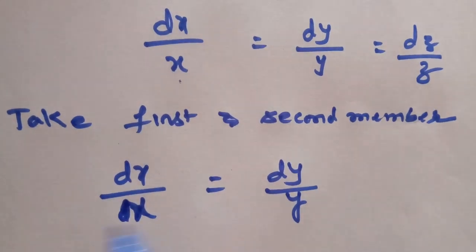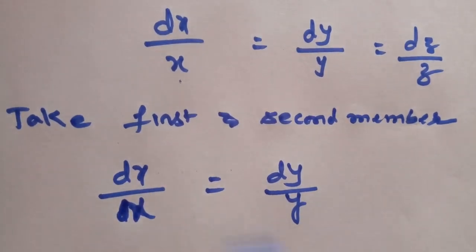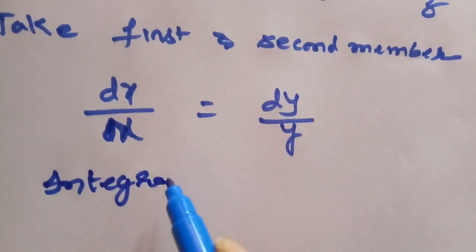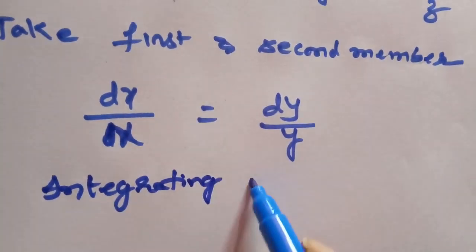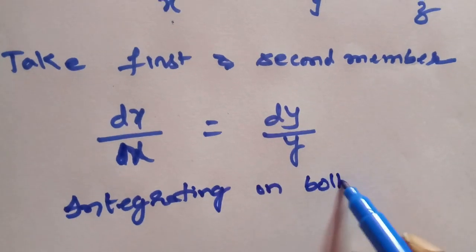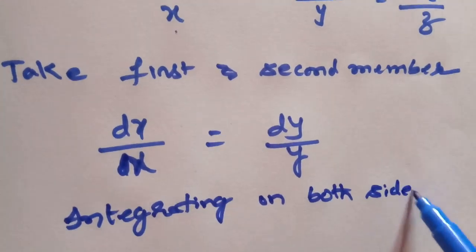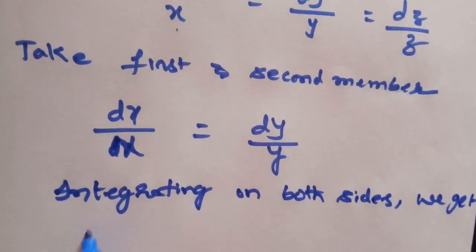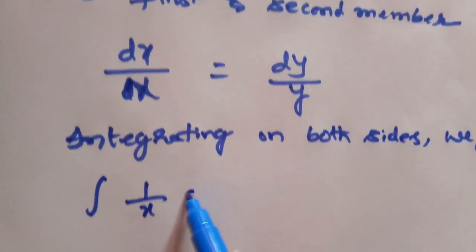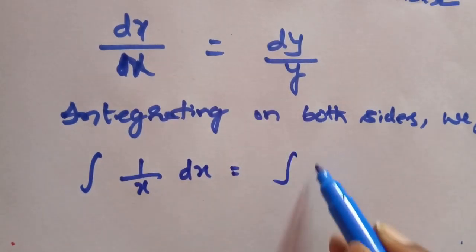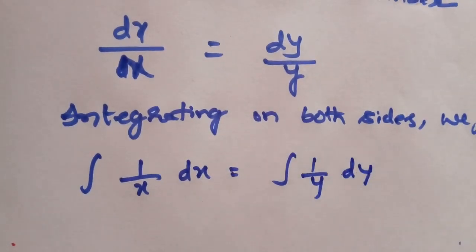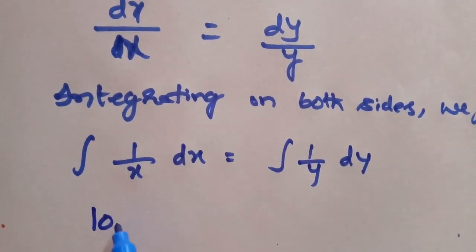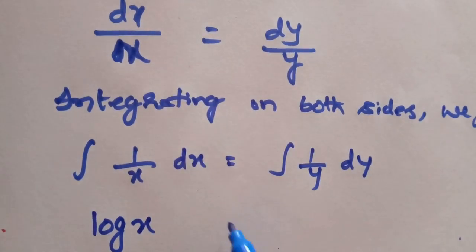Therefore, by direct integration, integrating on both sides, we get integration of 1 by x into dx is equal to 1 by y into dy. Now integration of 1 by x, we know that it is log x.